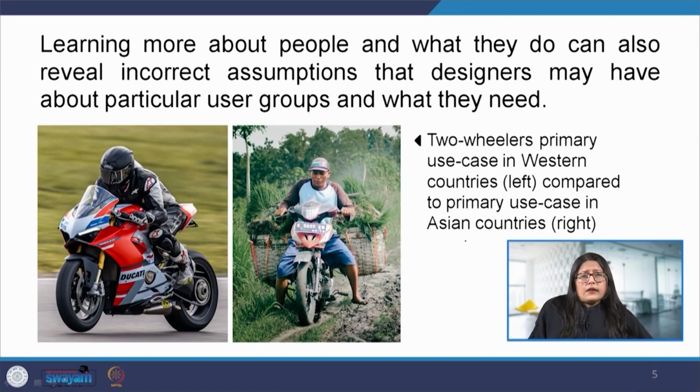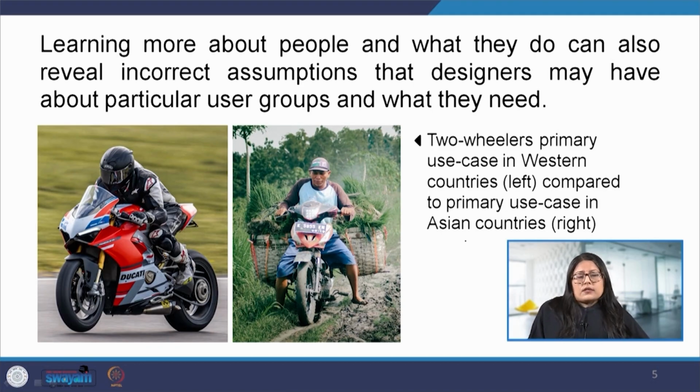Now, if we take an example of a product which is a bike. In more developed countries in the West, bikes, or motorbikes or motorcycles, are mostly used for recreational activities or for having fun, for going on rides.